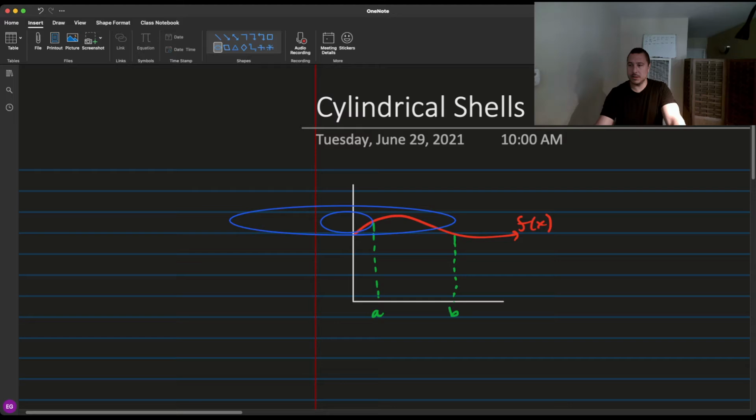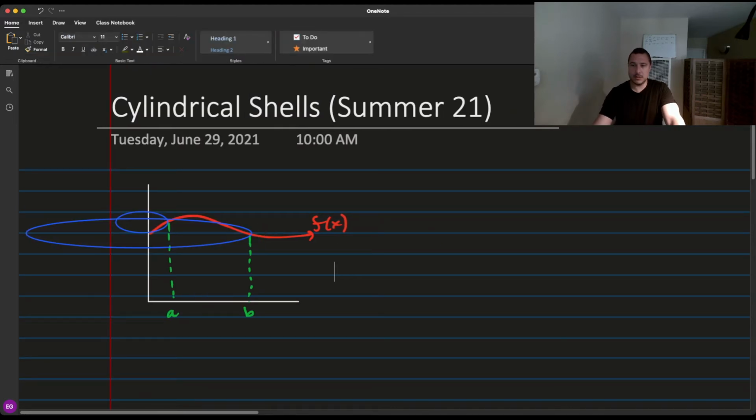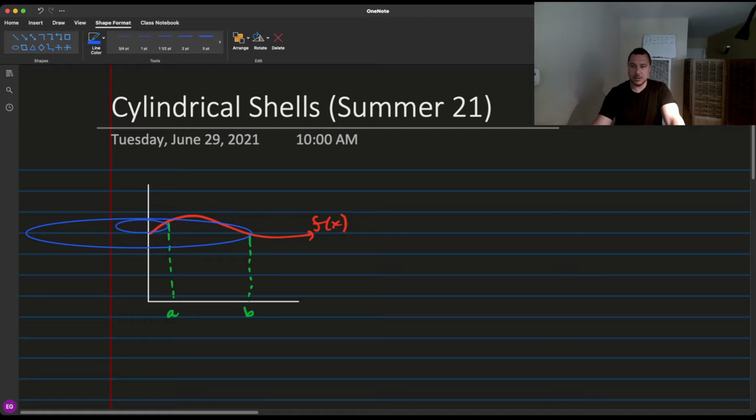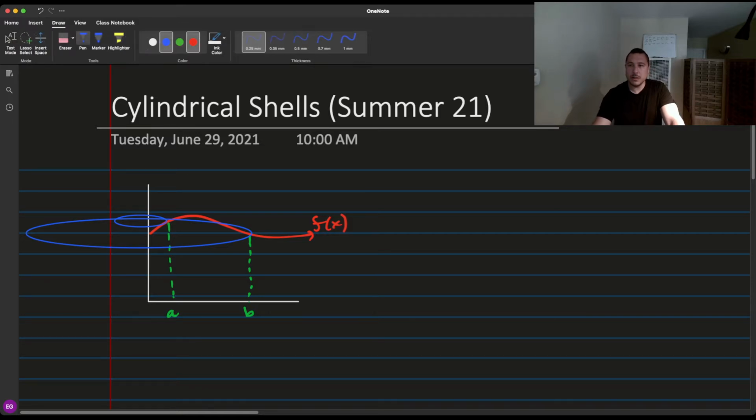Whoa, okay, that looks weird. There we go, that looks a little better. So you get something that looks sort of like this. It gets revolved around, and the shape of it looks like that.